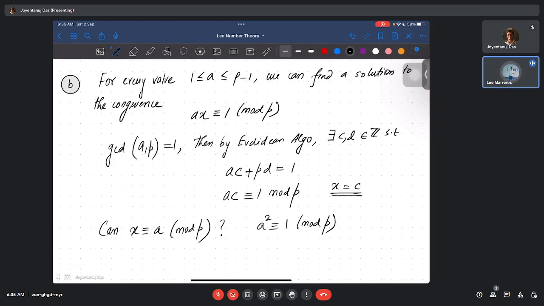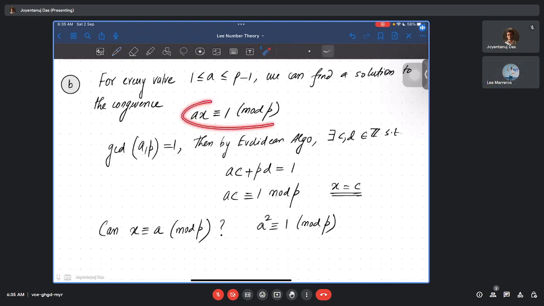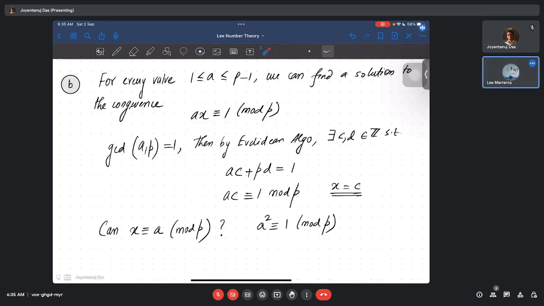So repeat that part. Yes. Up to this part it is clear that this congruence always has a solution. The next question is when the solution will be exactly equal to a.